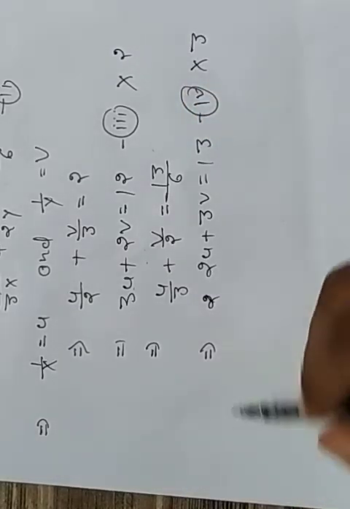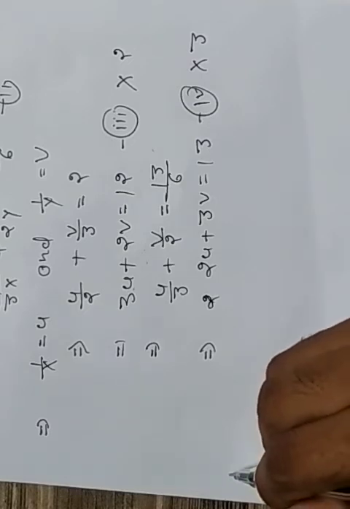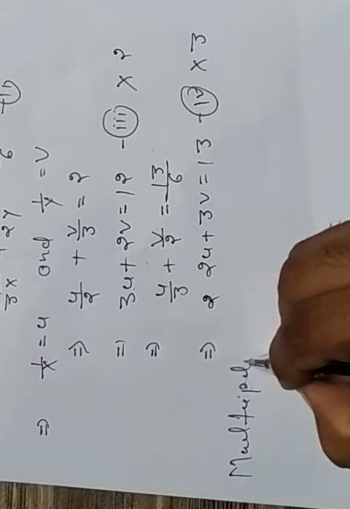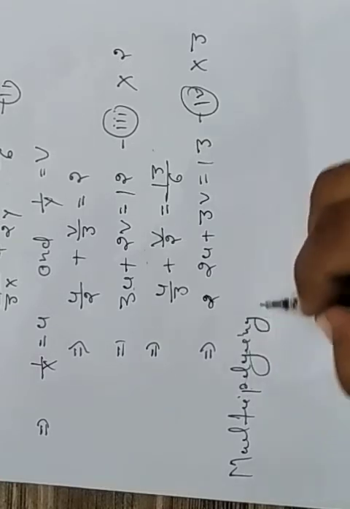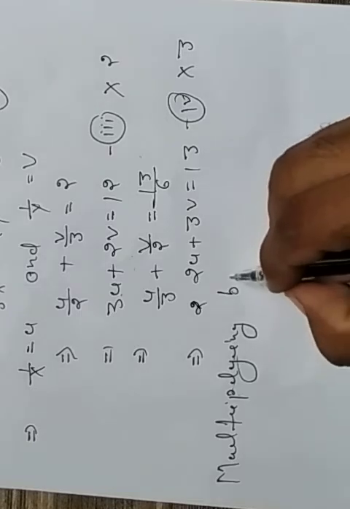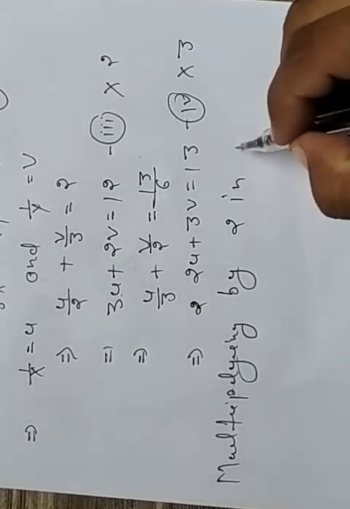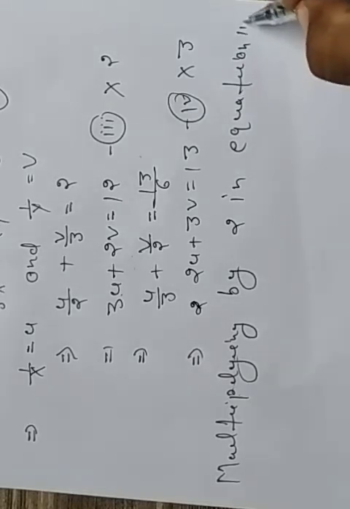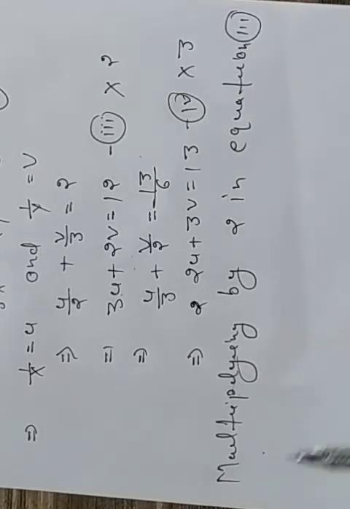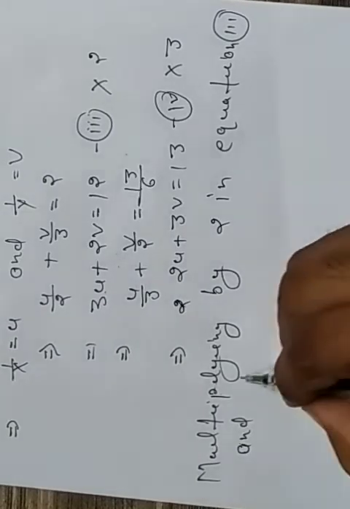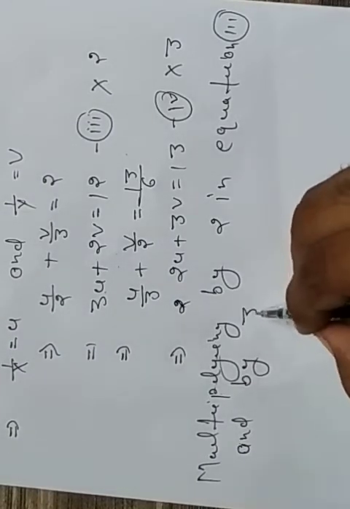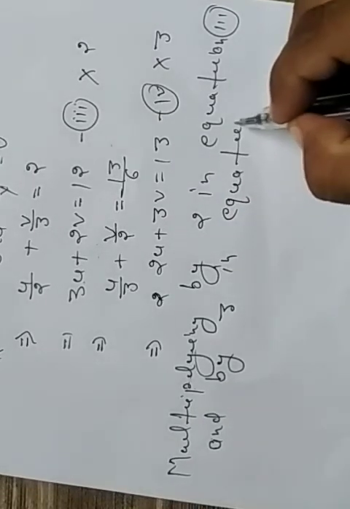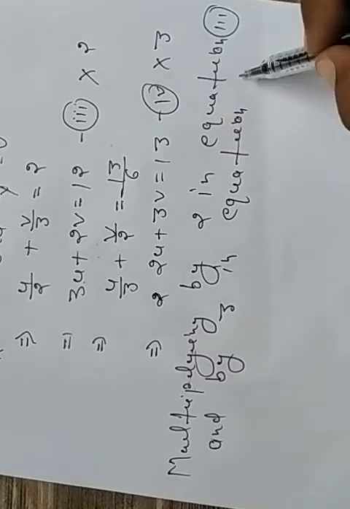So see, we can write it in the form of a statement: multiplying by 2 in equation 3 and by 3 in equation 2.